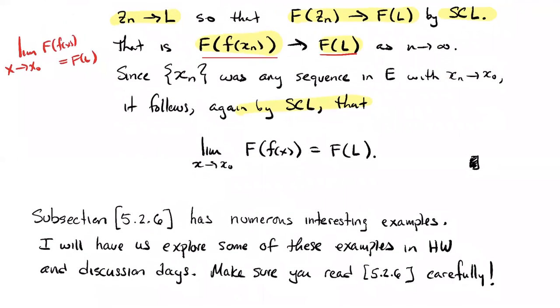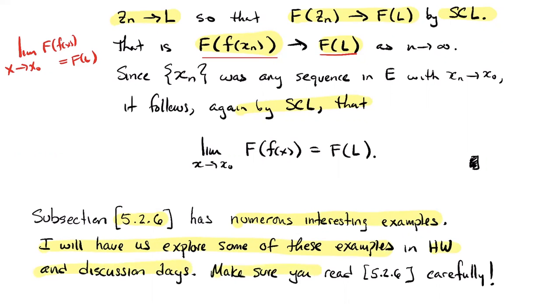I'm going to end this video just by saying that there's a section in chapter 5 that I'm not going to make a video for. I'll pepper some examples, I hope, throughout the class when we're meeting live on Zoom. But it has lots of interesting examples of functions and their limits. So we're going to explore some of those in our examples, some in our homework, and some on discussion days.